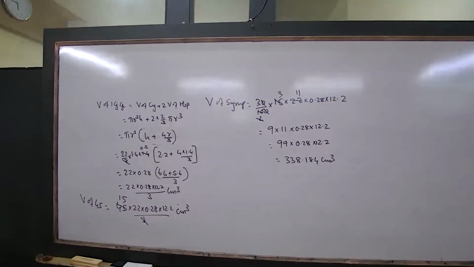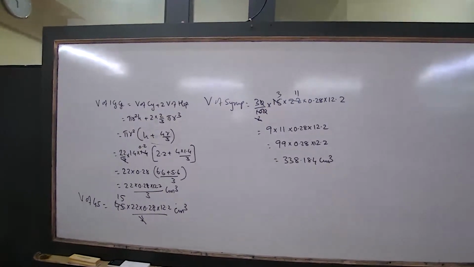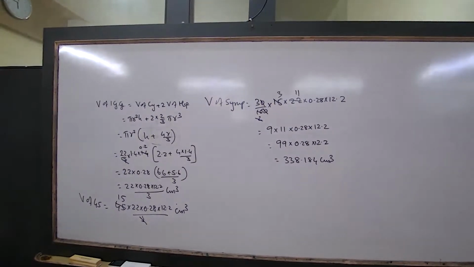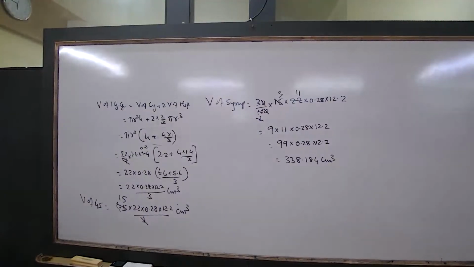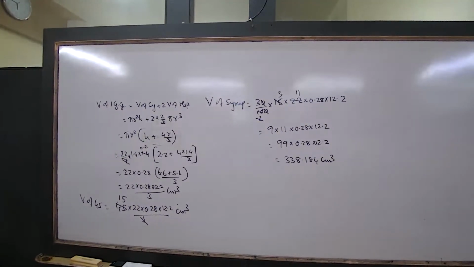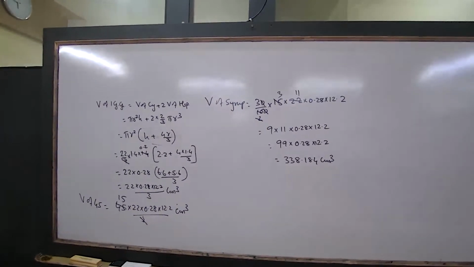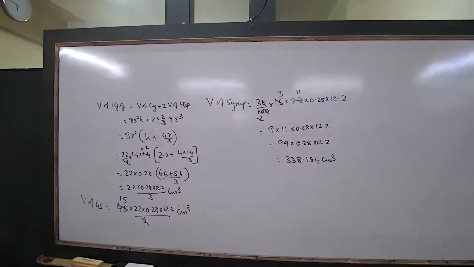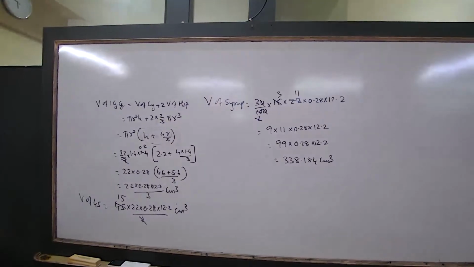So how many lead shots are there? How much water overflowed? 1/4. So that is total volume is how much? 1/4 of the volume divided by volume of one lead shot. When you put this one, Archimedes principle enough. The volume of lead shot is equal to volume of the water overflow. Therefore, number of lead shots is equal to total water overflow divided by volume of one lead shot.